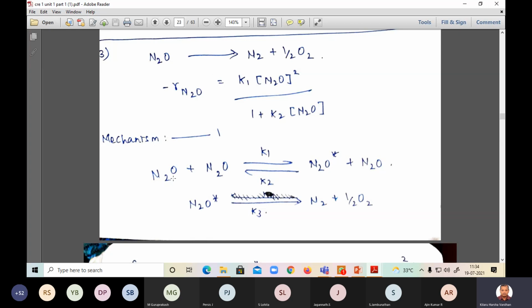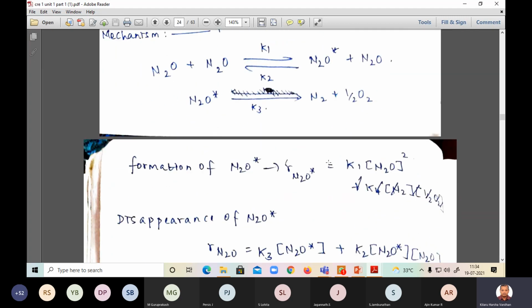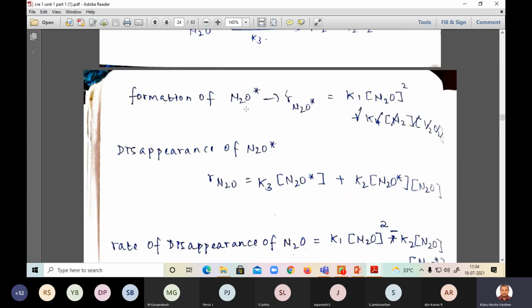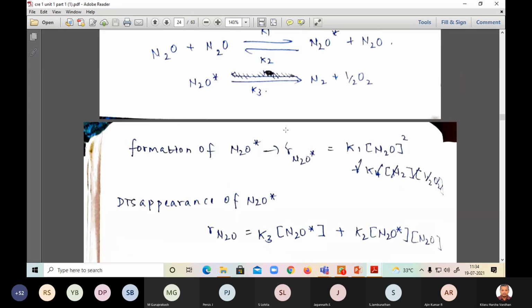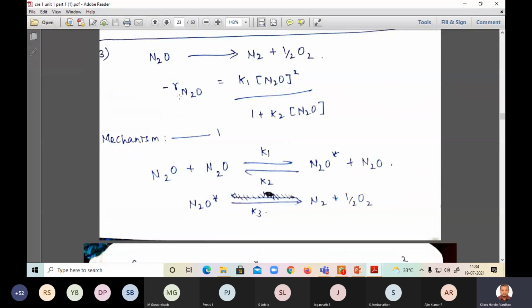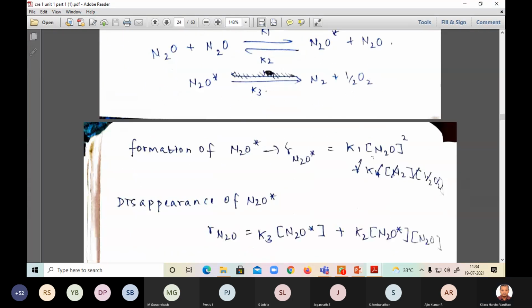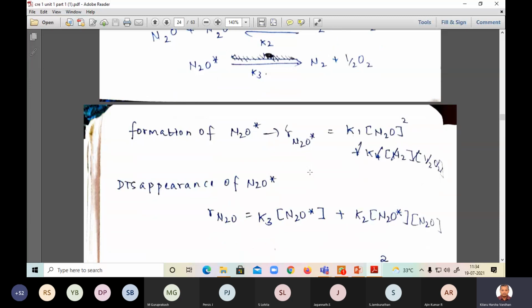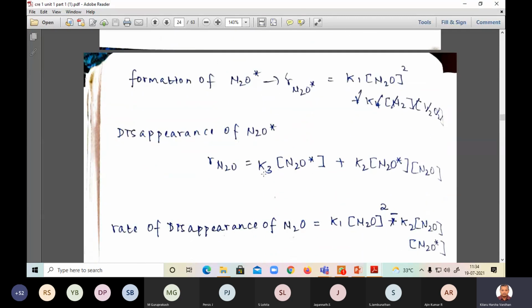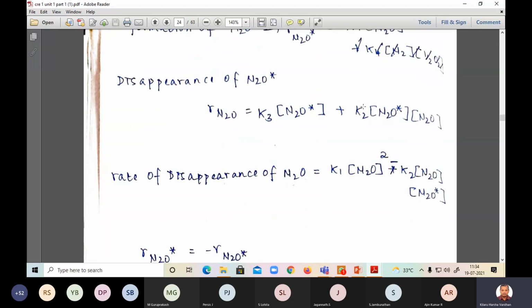So you can write the appearance and disappearance in terms of N2O star. Then you write again the appearance and disappearance, and then you get it. That is what she did here. The formation of N2O, because he is asking for the disappearance here. So the net rate of disappearance is nothing but disappearance minus the formation.